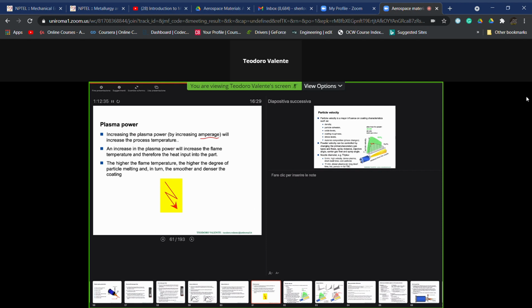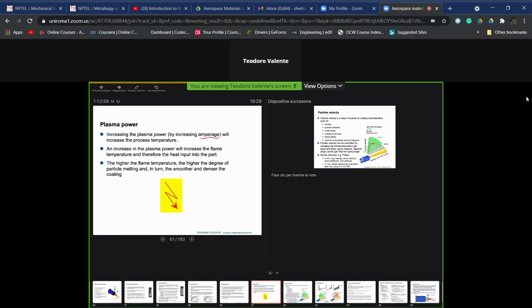But if we increase the plasma power, we increase the process temperature. This obviously will increase the flame temperature, and so we have the possibility to melt better, or to melt materials having a higher melting temperature.